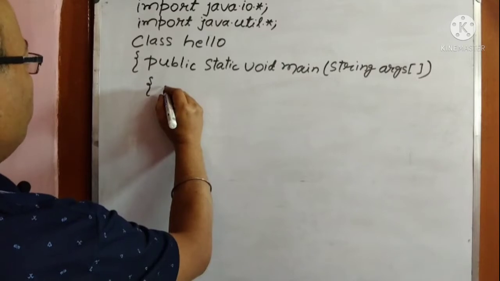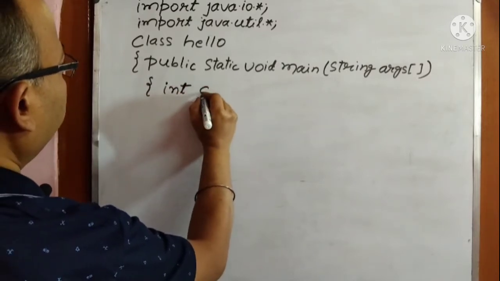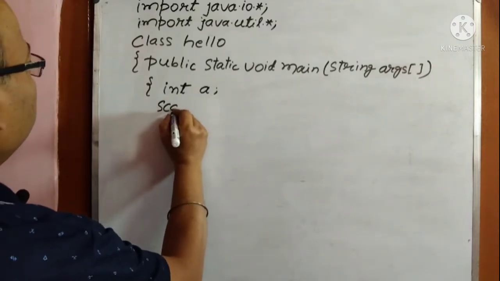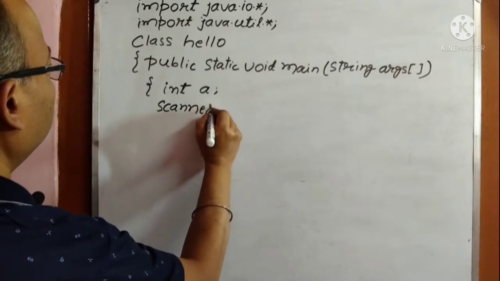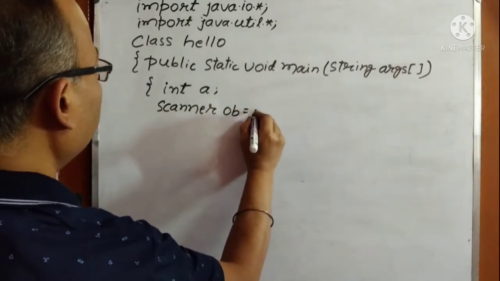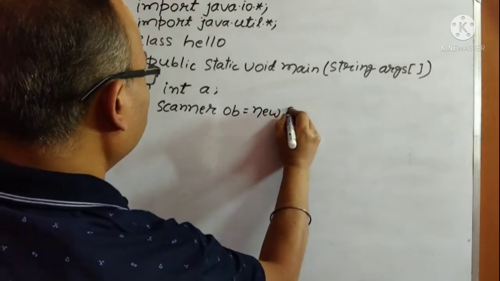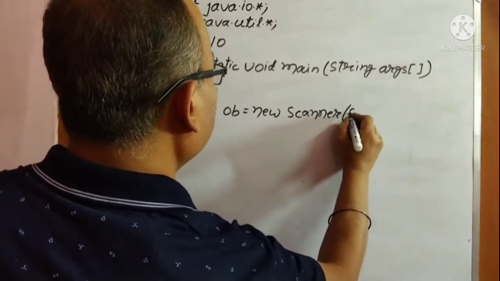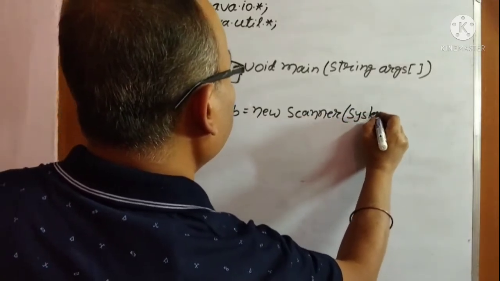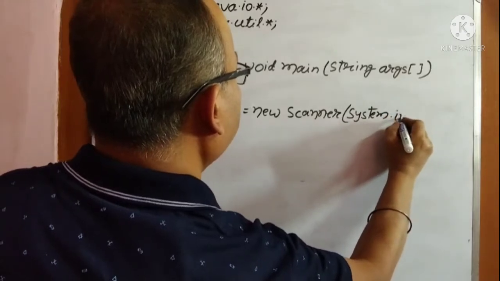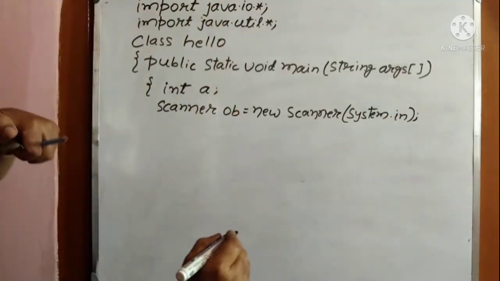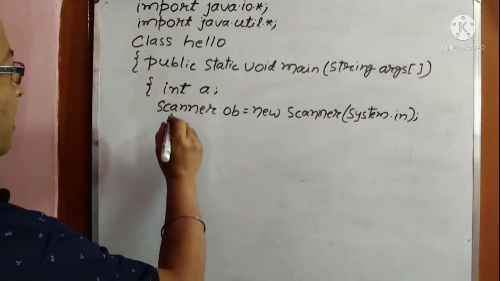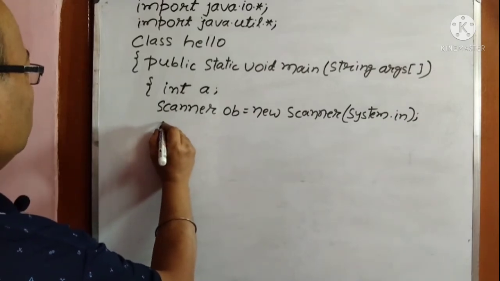So I will take a variable of type int and Scanner ob equals new Scanner(System.in). So this is a Scanner object ob, and I have taken a variable a of type int.